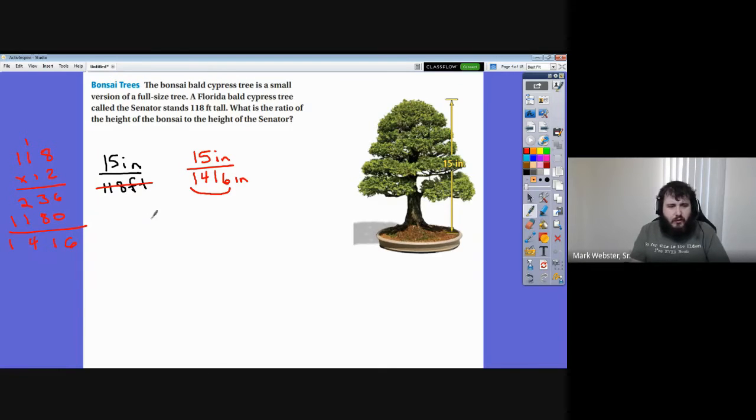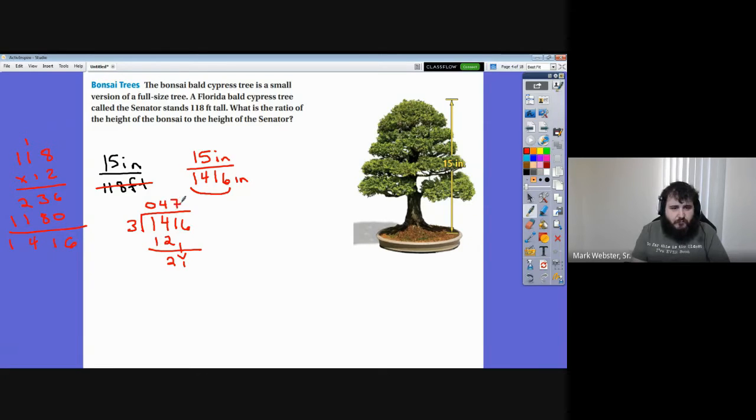So let's do that. 3 doesn't go into 1. 3 does go into 14. 3 times 4 is 12. That's the biggest multiple of 3. Subtract, you get 2. Bringing this down, you got 21. 3 times what is 21?